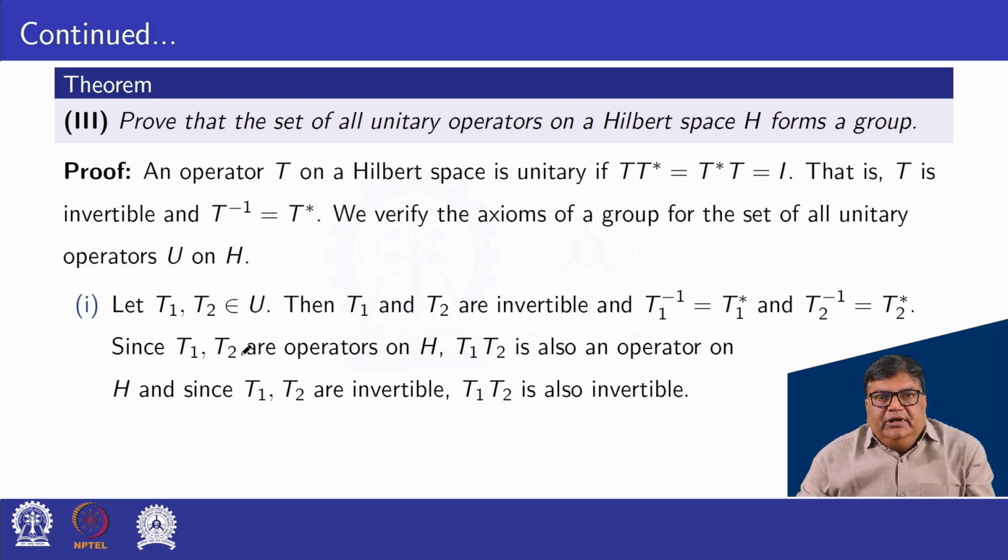Since T1 and T2 are operators on H, T1 T2, that is T1 into T2, is also an operator on H, and since T1 and T2 are invertible, T1 T2 is also invertible.